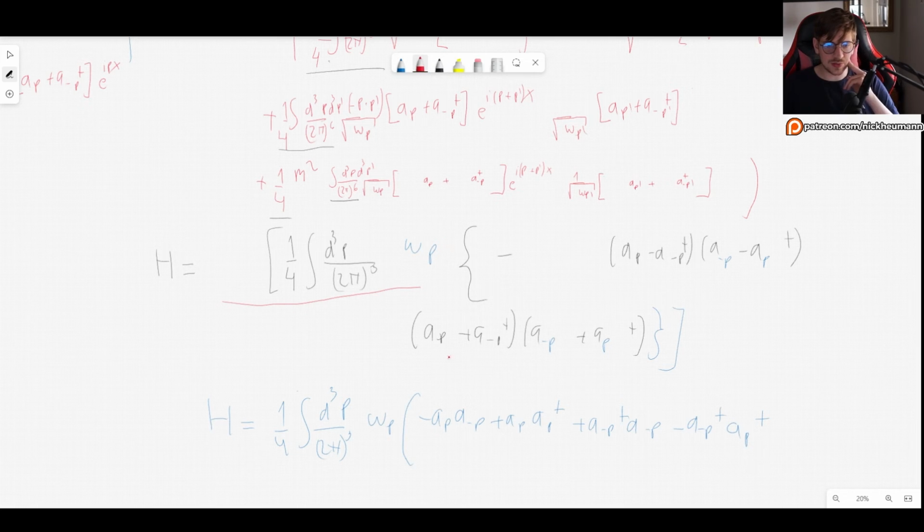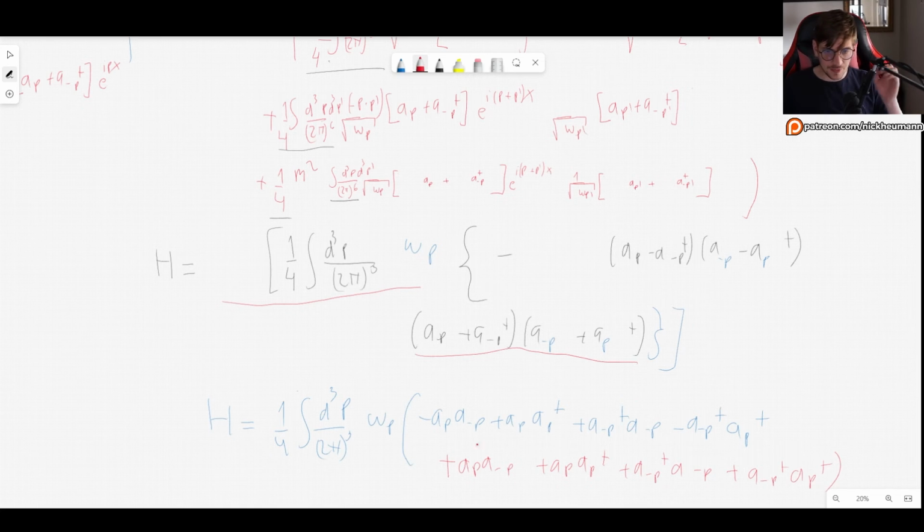And now we go into this part. So we have plus a_p a_{-p}, plus a_{-p}^†, actually I like to multiply it like this. So let's do a_p^†, then plus a_{-p}^† a_{-p}, and plus a_{-p}^† a_p^†.